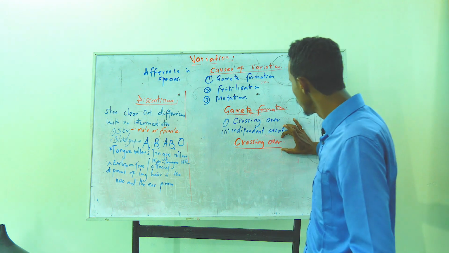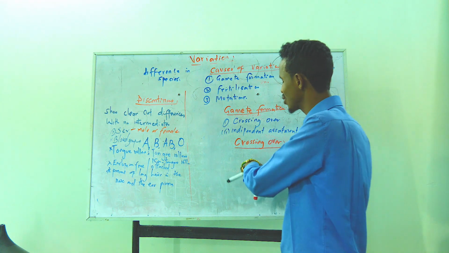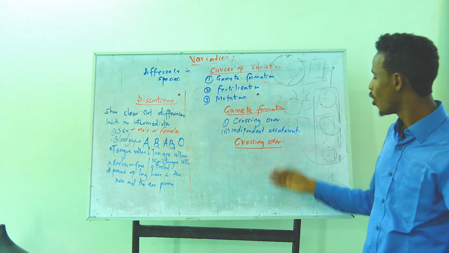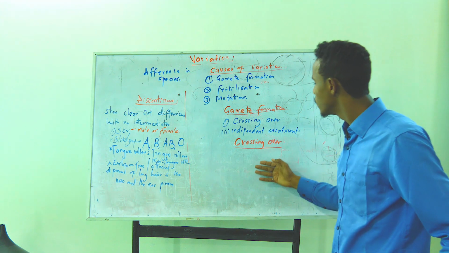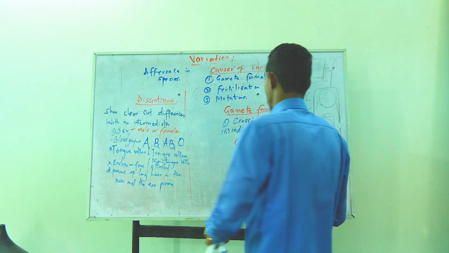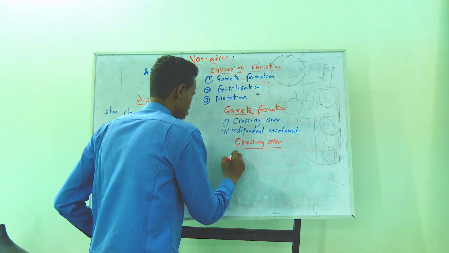And therefore, during prophase 1 of meiosis, crossing over takes place. How? The homologous chromosomes, let's look at the homologous chromosomes like this.